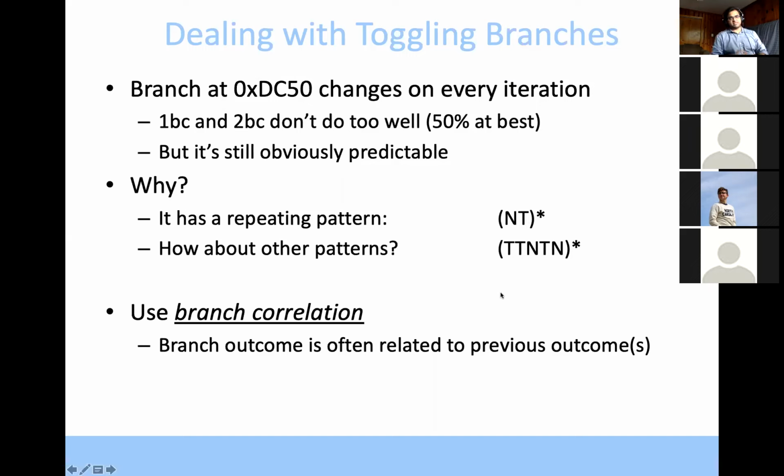I think somebody mentioned this earlier, where he said one way to predict a repeating pattern like this is to use branch correlation, which is what happened the last few times, or maybe what happened with other branches. In this case, we can actually look at what happened just with this one branch, what happened the last few times.